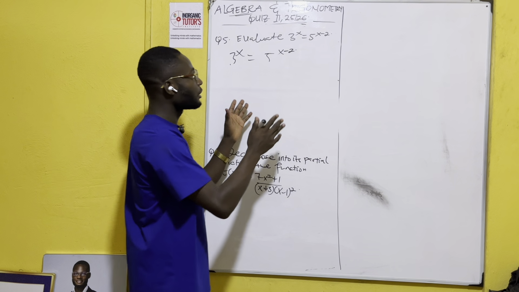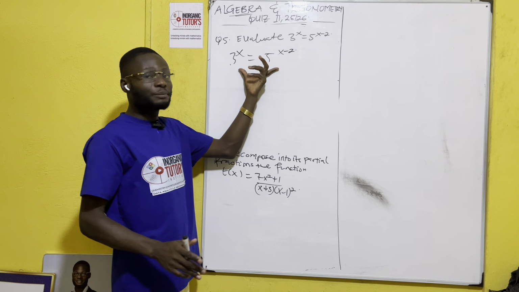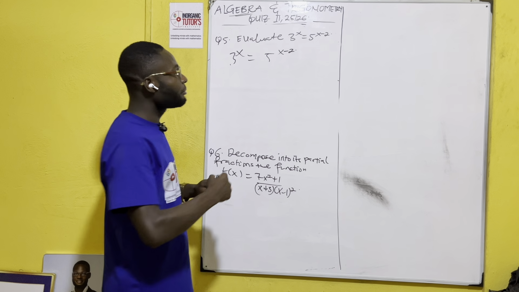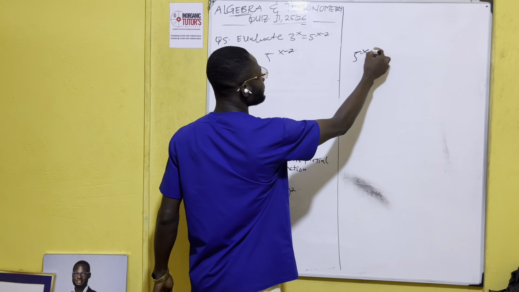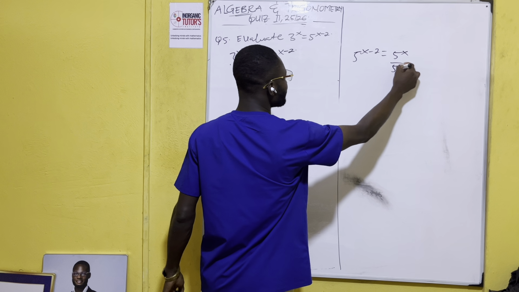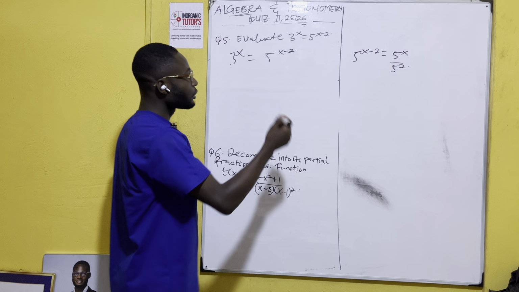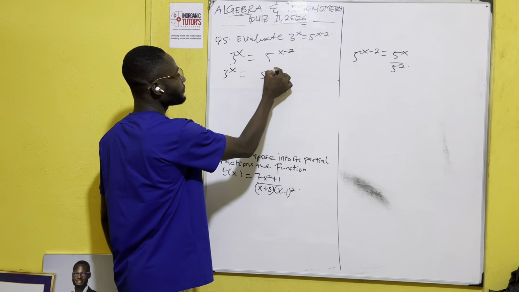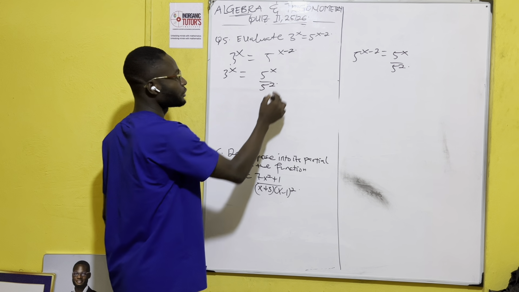In a nutshell, we want to make x the subject here. Remember, 5 to the power x minus 2 is the same as 5 to the power x divided by 5 to the power 2. So let's apply the same knowledge here. 3 to the power x is equal to 5 to the power x divided by 5 to the power 2.